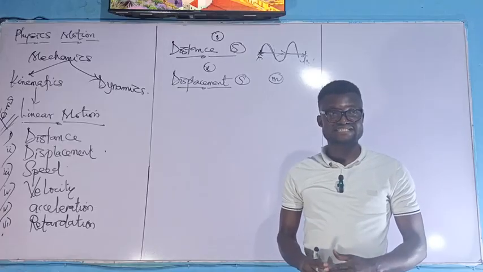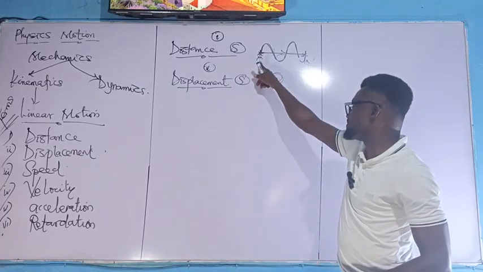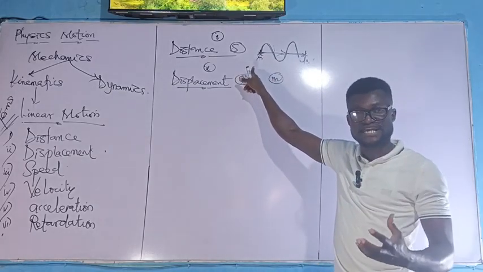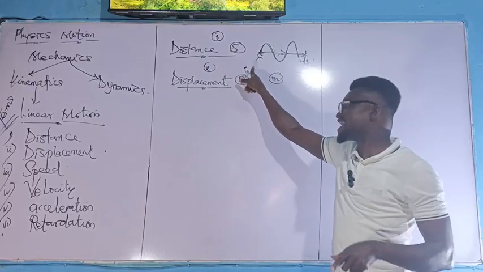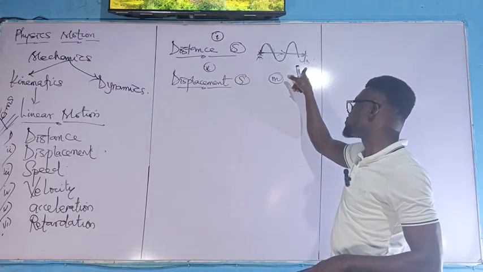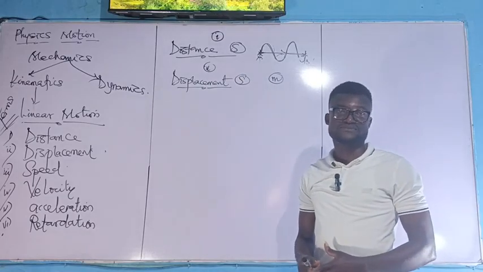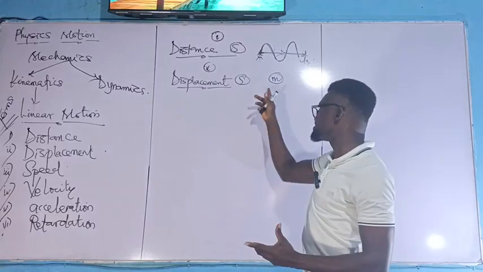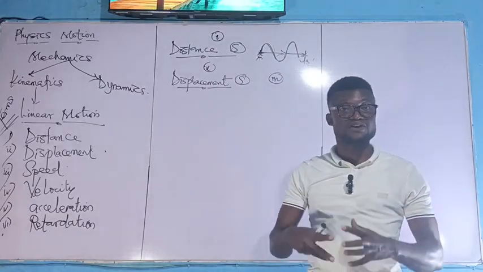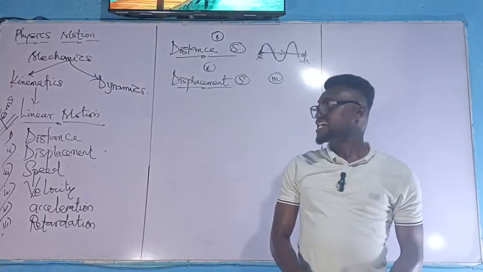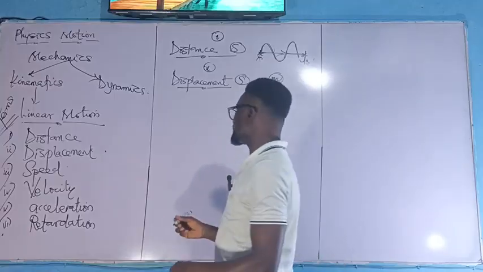The reason is that the magnitude is measured from A to B or from B to A, which is the distance. But the direction moving from A to B and moving from B to A are not the same. Hence, they are not of the same displacement, but of the same distance. Then another term we are to look into is speed.